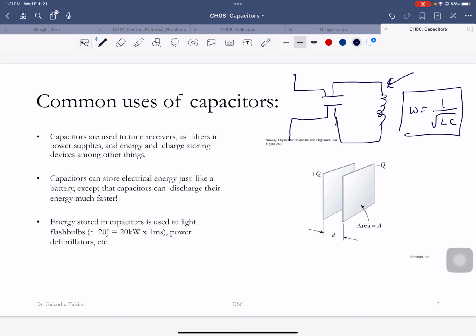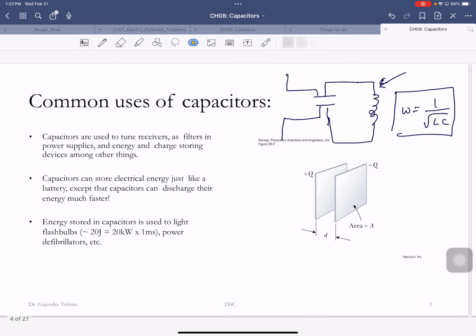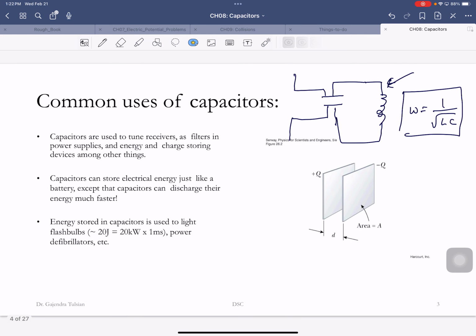All right. So capacitors are used in tuning receivers, as filters in power supplies, and as energy and charge storing devices, among other things. You store energy in capacitors, and you can release that fast. Capacitors can store electrical energy just like batteries, except capacitors can discharge their energy much faster.